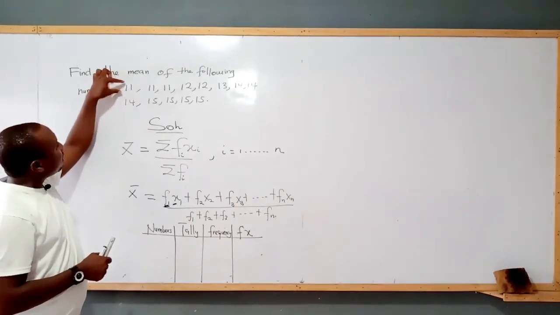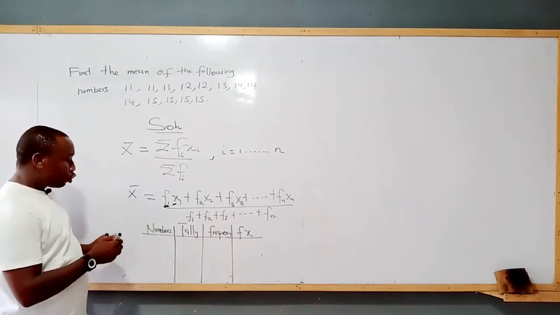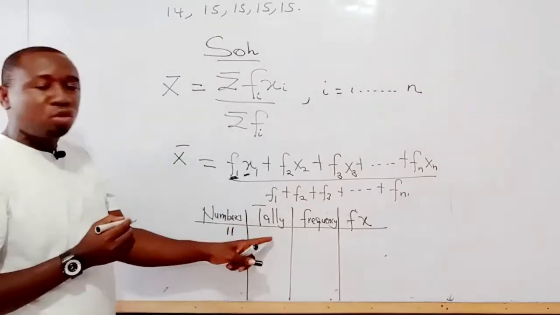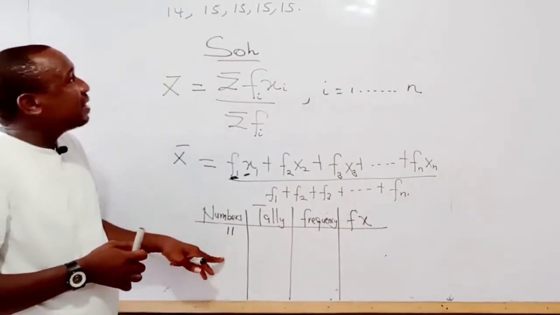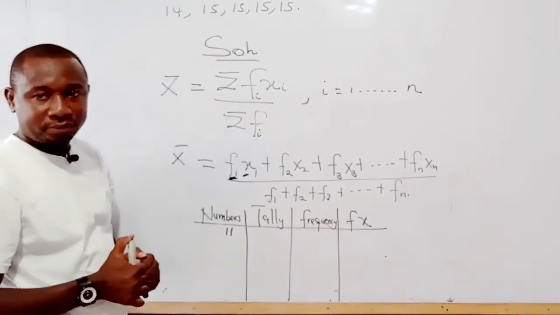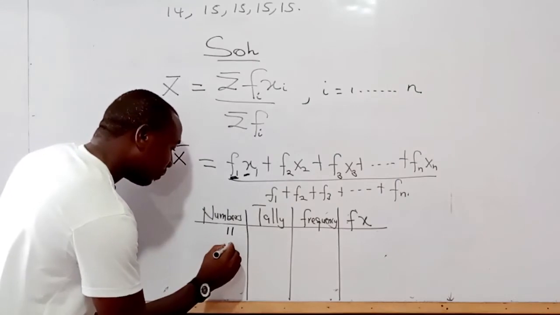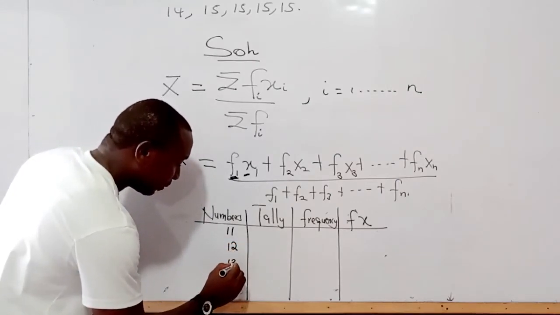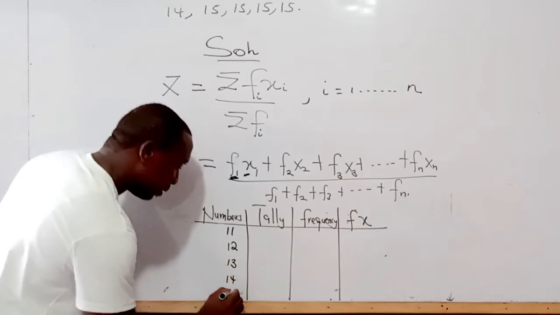11 is appearing 3 times, but on the table, you choose only one 11, because you are going to tally to know the number of 11s in the data set. 11, we come to 12, 13, 14, and then 15.